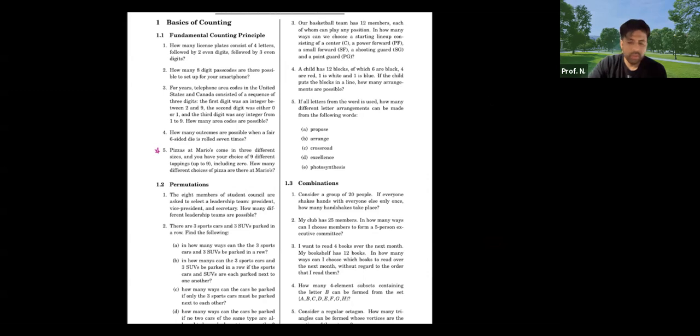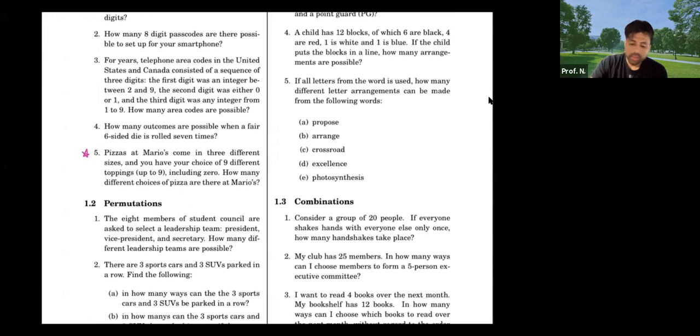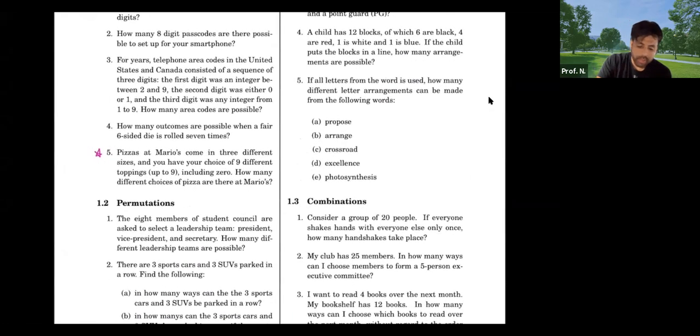If not, I'll just start with, I'm not going to start in sequence. I'm going to try to jump around unless somebody has something that they want to look at. Let's look at number 5 here in permutation. Yeah, so let's look at number 5.